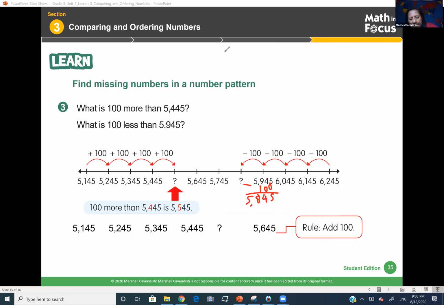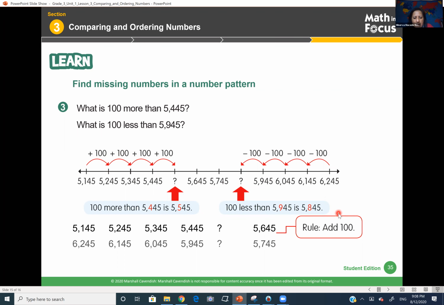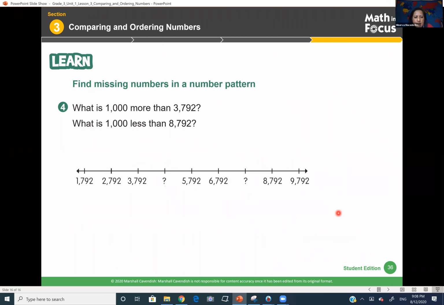So that's going to be my missing number. Let me clear it so we can see it now. See, minus 100. So that rule was subtract by hundreds.